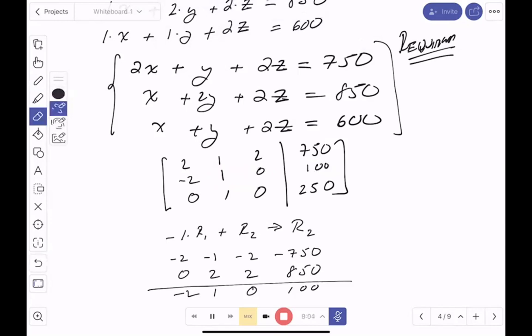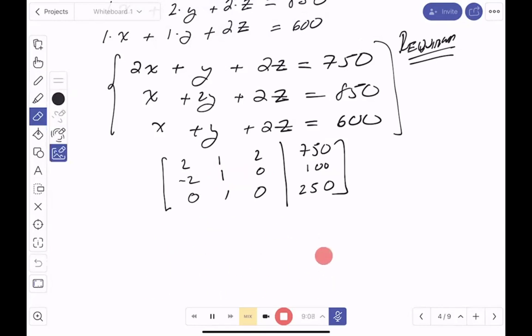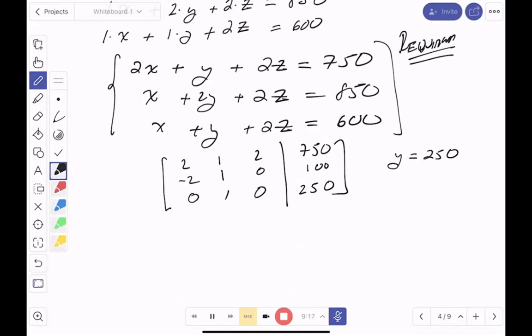I'm going to erase all this business over here. It's not good to do that, but I need room. So let's write down what I know. I know y is 250. We'll talk about what that means later.